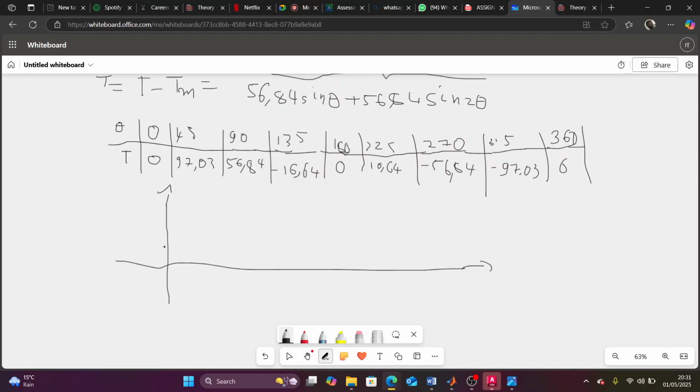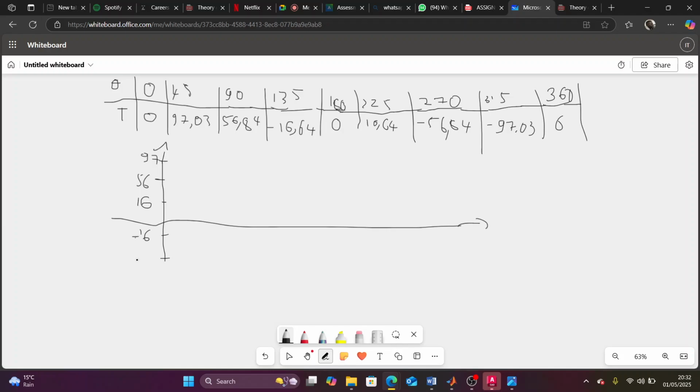What is the smallest one on the positive? Can I just write 16 if you don't mind? Can I write 56? And can I write 97? Same applies here. Can I write minus 16? Minus 56? And minus 97.